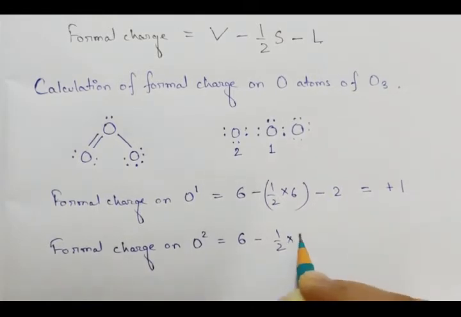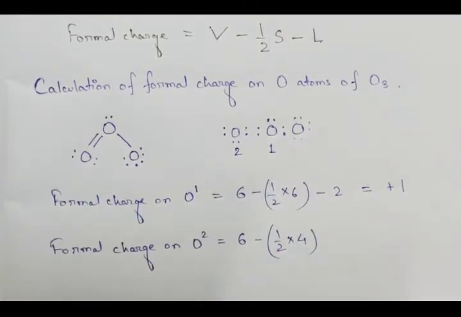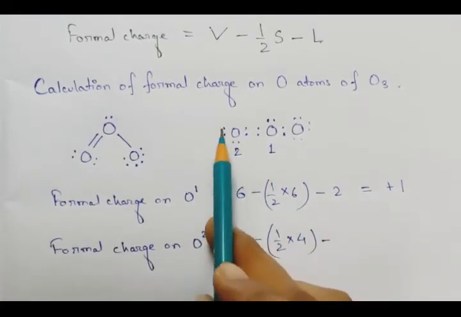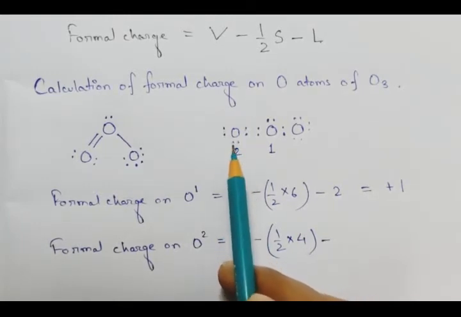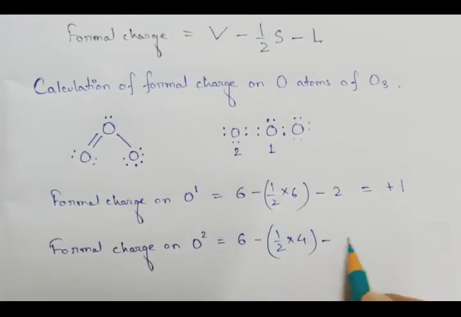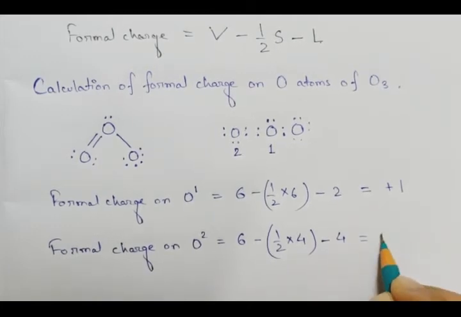The number of electrons remaining as unshared valence electrons are 4 here. So it will be minus 4. So this will ultimately be 0. The formal charge on this oxygen atom is 0.